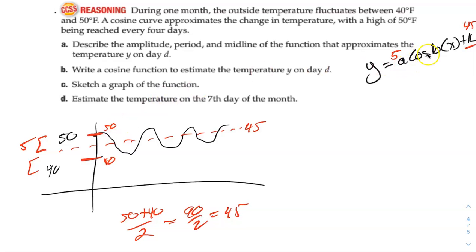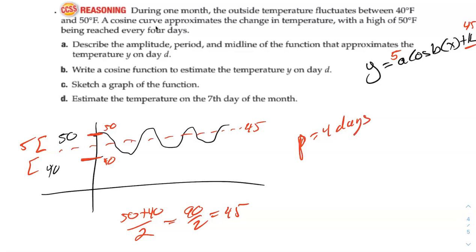What's B? During 1 month, so I'm guessing 30 days, the outside temperature fluctuates between 40 and 50, and the high is reached every 4 days. Okay, so there we go. Every 4 days, my period is 4 days. So we're going to do the same thing we did before.